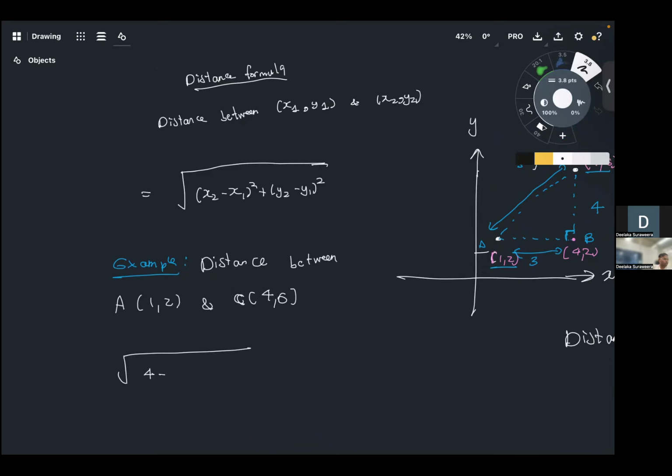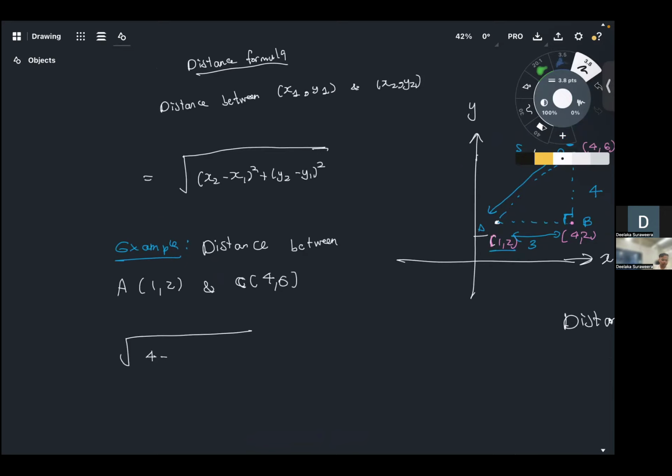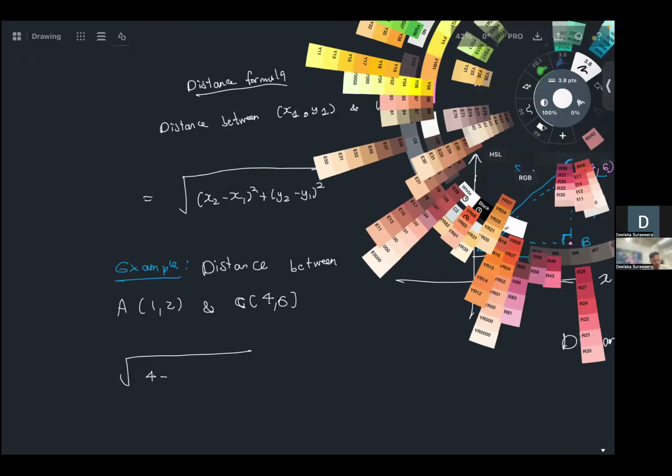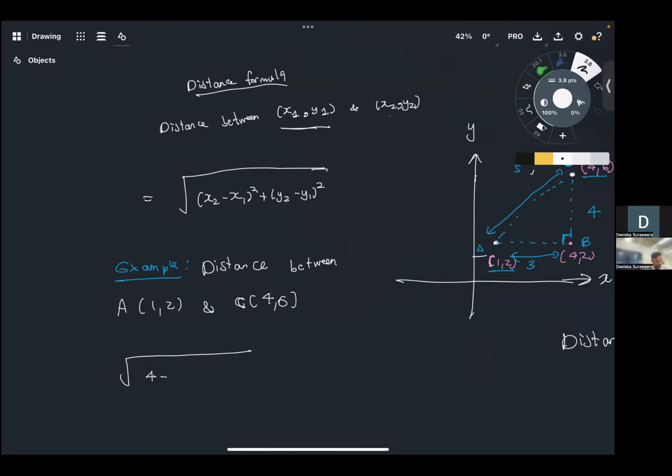So let's apply it to this. What's x2? This is the distance between x1, y1, the first coordinate, and x2, which is 4. It's the x value of the second coordinate, minus x1, the x value of the first coordinate, which is 1. Yeah, thank you, Nikki, that's correct. And Dravisha, what's y2?